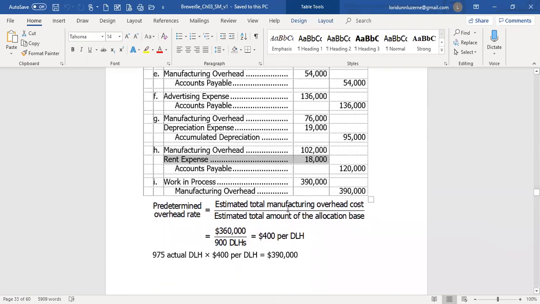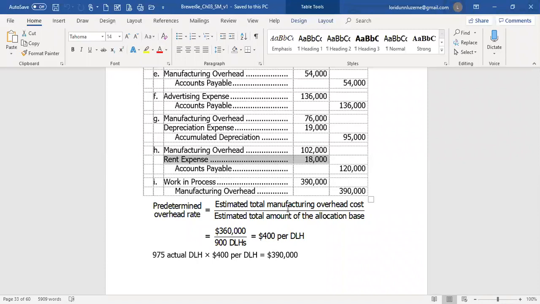Now, part I is where our overhead application comes into play. Remember, we apply overhead based on direct labor hours. So it's saying, what's your manufacturing overhead cost that was applied?